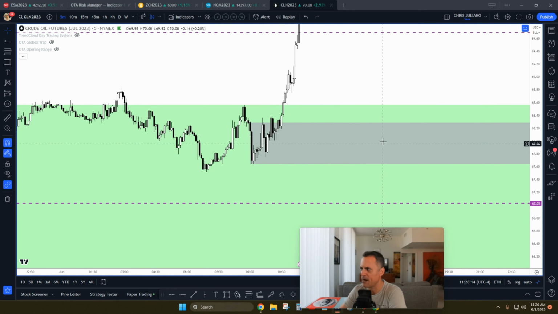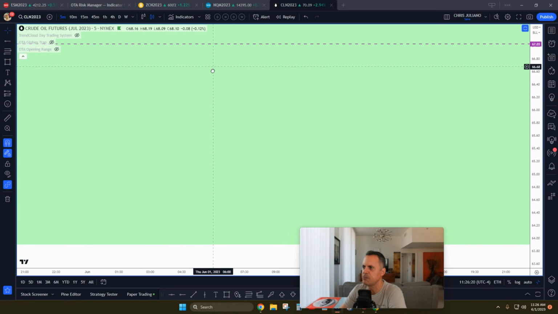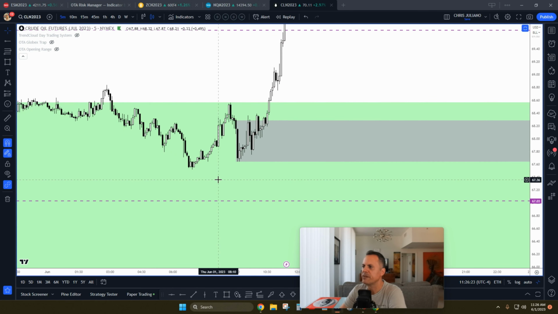So here's your 1 hour zone. Here's your daily zone. This is the daily curve. Look how deep that is. Within the daily demand zone curve, you've got a 1 hour demand zone right in here.